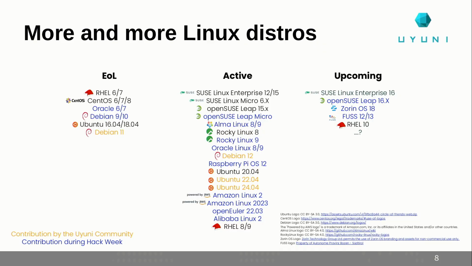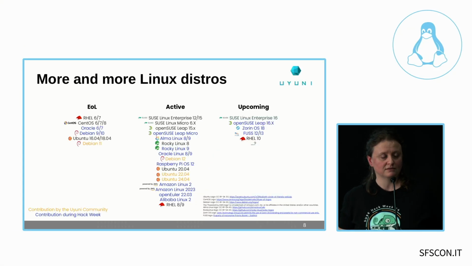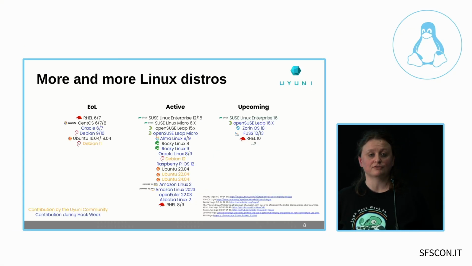So in SUSE, we have a week where all the employees can spend time on whatever project we want. And several of those operating systems that have been added as supported in Uyuni have been introduced during that week. But there are also a lot of other operating systems that are supported in Uyuni thanks to complete contributions coming from the community.